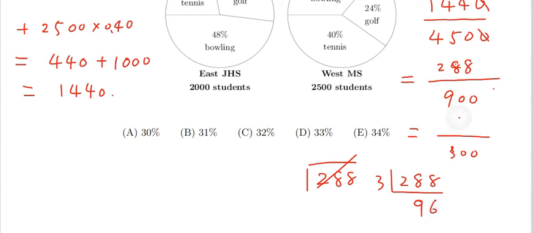Not 6, 9 and 18. Oh, this can also be simplified. Divided by 3 again, and it becomes 100. Then this divided by 3 exactly, so the answer is 32.